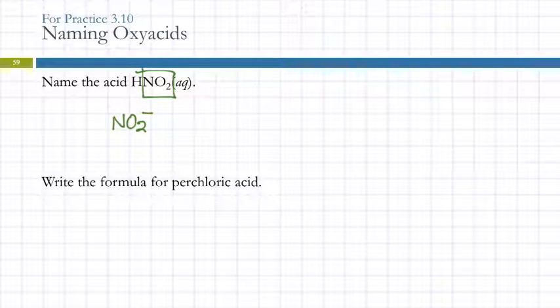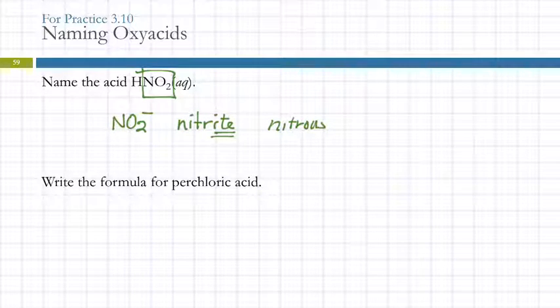What's his name? Nitrite. It's the light version of nitrate. Nitrite. So we're going to change the ending "ite" to what? Bite us. So this is going to be nitrous acid.